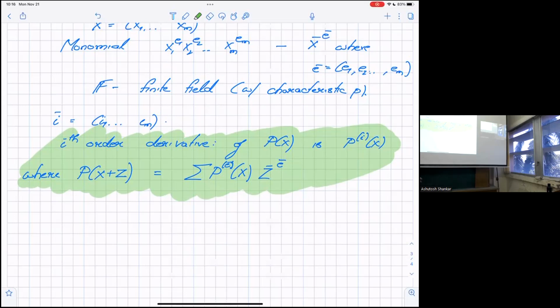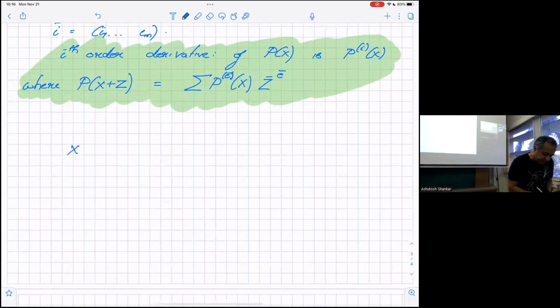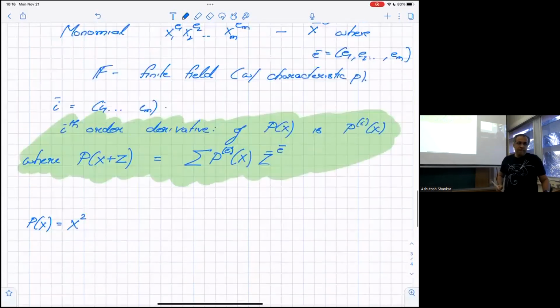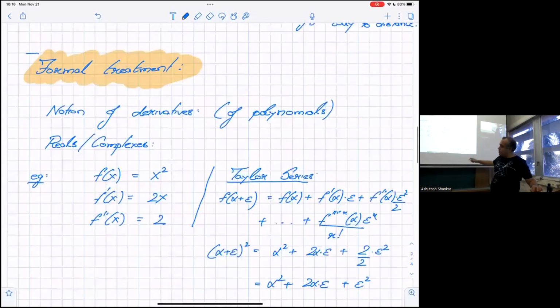So let's take an example. You know that you can write P of x plus Z as the expression. Let me go back over here and look at this thing.